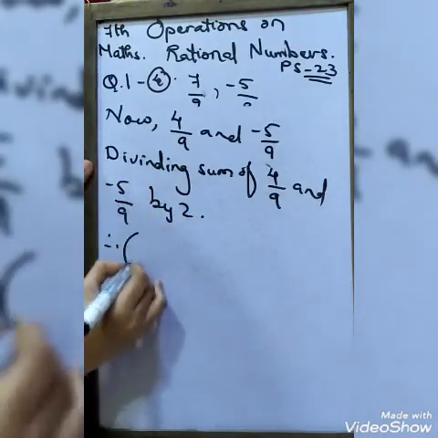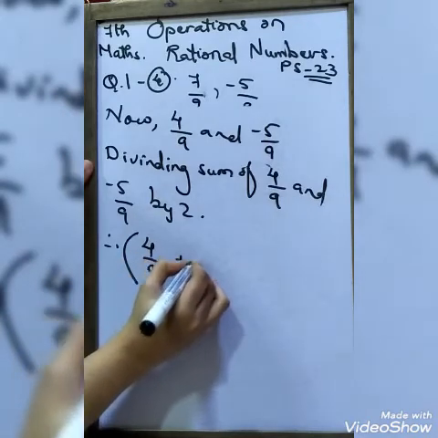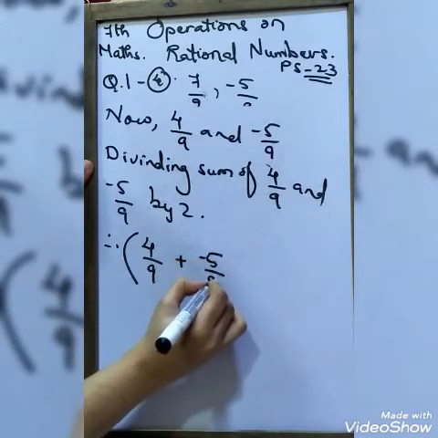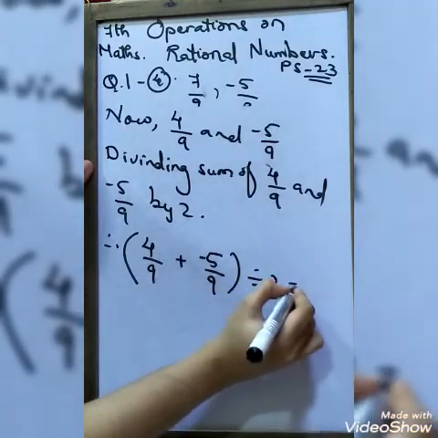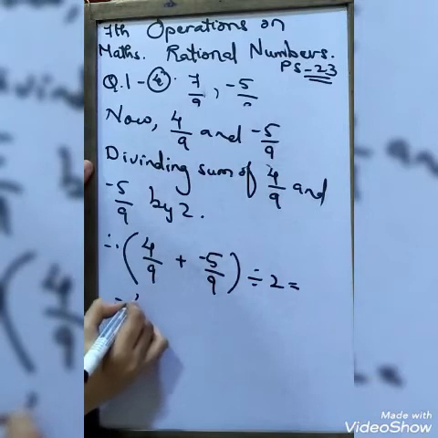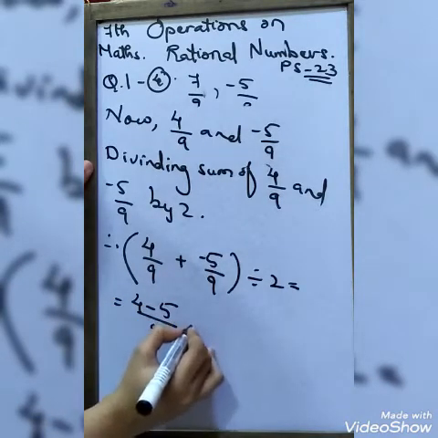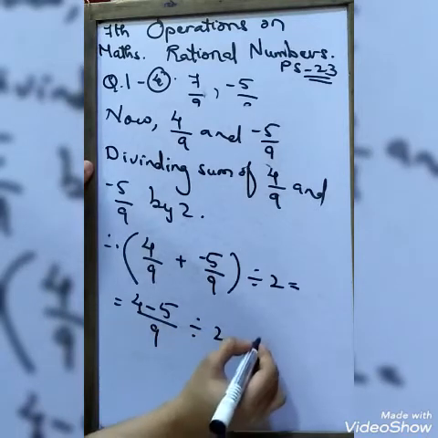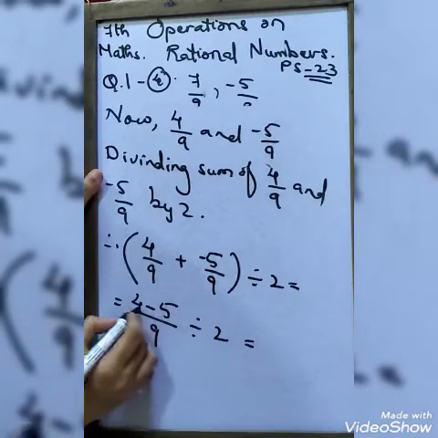Therefore 4 upon 9 plus minus 5 by 9 divided by 2 equals, now here 4 minus 5 upon 9 divided by 2, the number will be minus 1 upon 9.